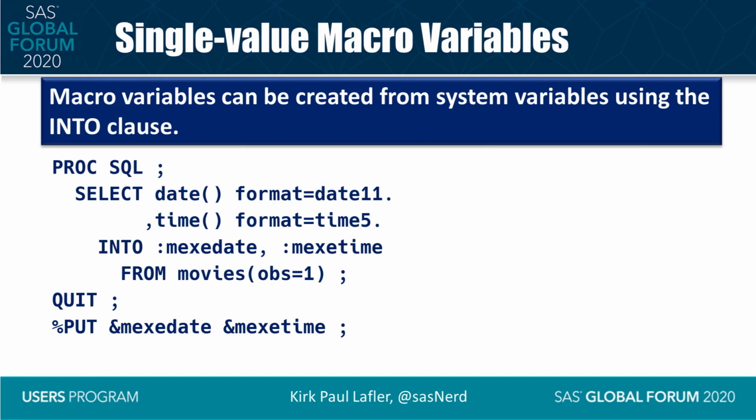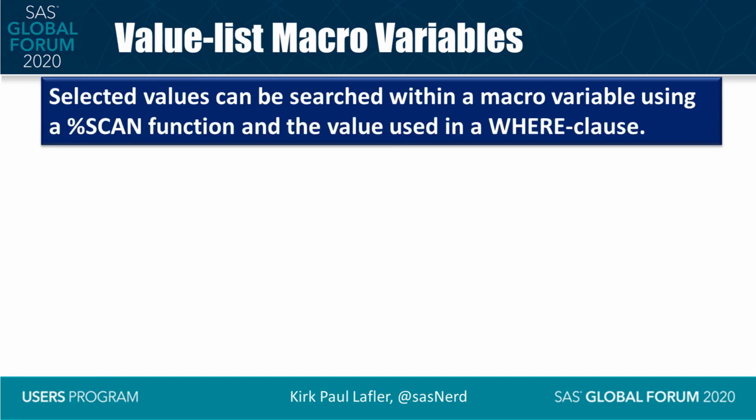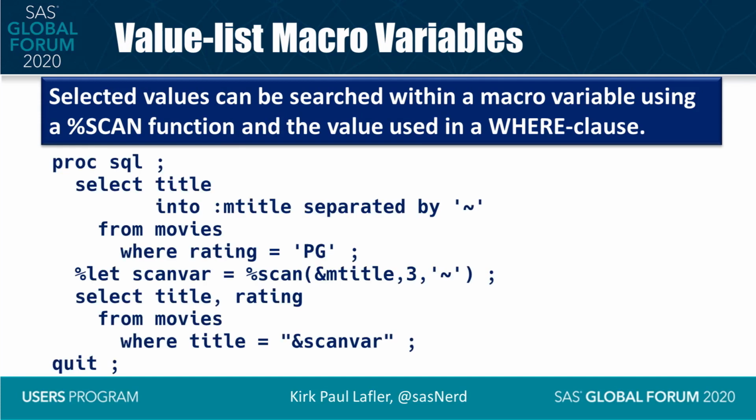We also have the ability to create what's known as a value list macro variable. We're going to construct a tilde delimited value macro variable containing values of a single column into one macro variable. So in this case, we're going to continue using the into clause. We're going to read in the data for the movie title, storing the results out for PG rated movie titles, separated by tilde.